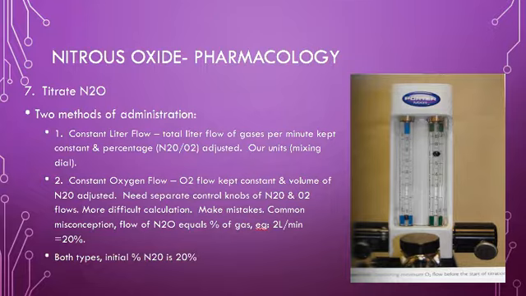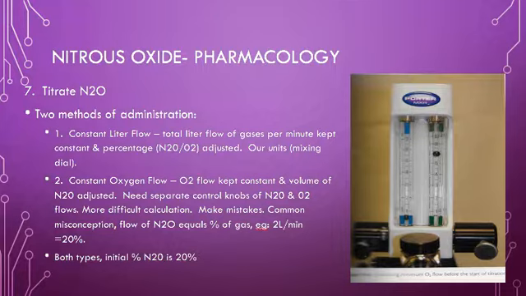The second method is the constant oxygen flow, and this means that oxygen flow is kept constant and the volume of the nitrous oxide is adjusted. So this is represented in this picture on the screen, and this is a situation where you can control the nitrous oxide and control the oxygen separately.